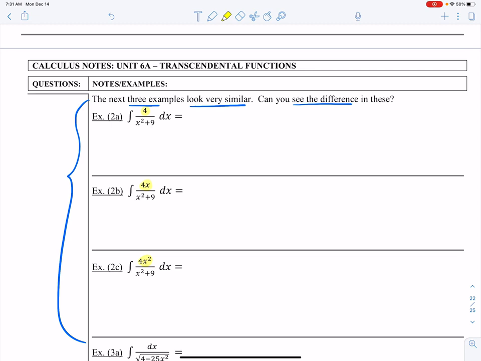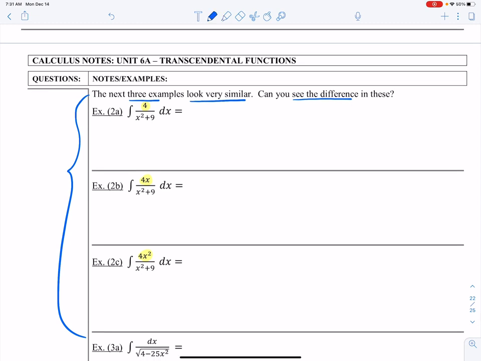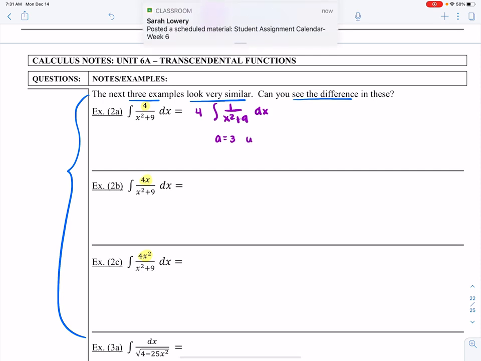I've put these side by side because as you're learning to diagnose problems, these are all very different problems. So looking at 2a, I would probably take that 4 and park it on the outside. Immediately, I can see that this follows the arctan pattern, where a would be 3, the number being squared, and u is going to be x.